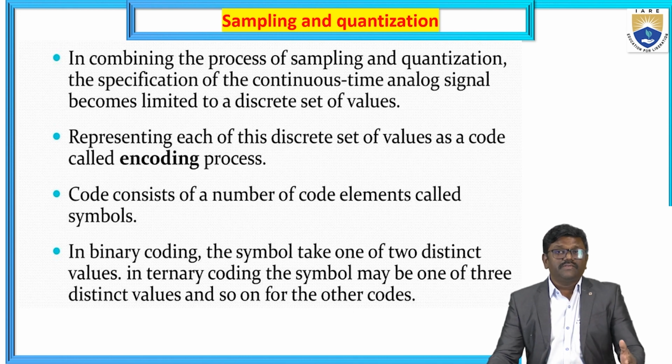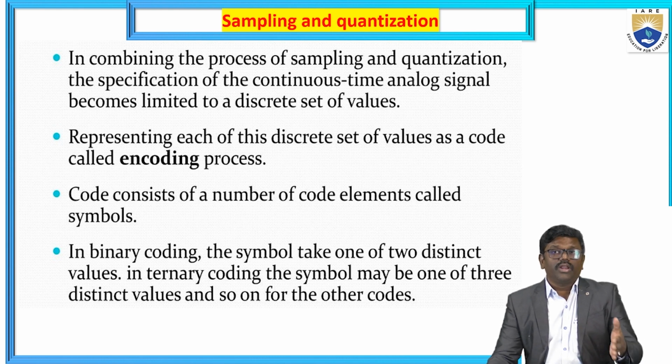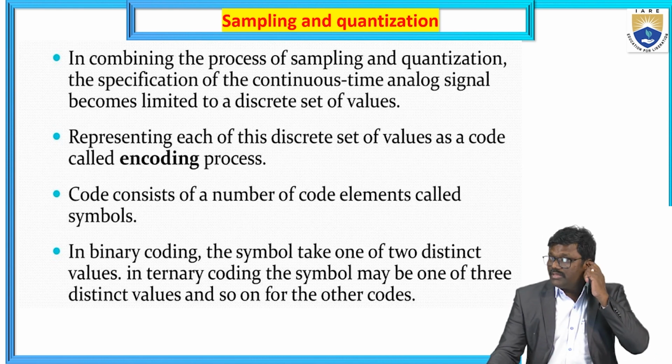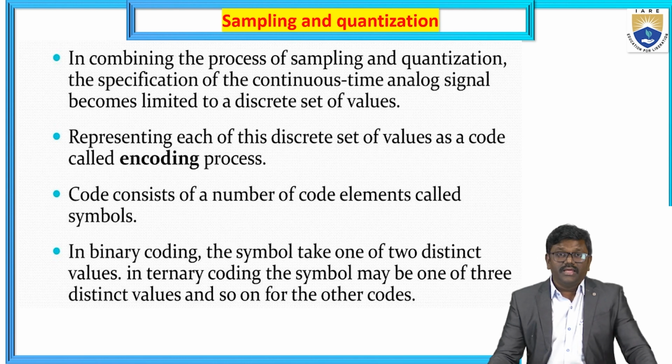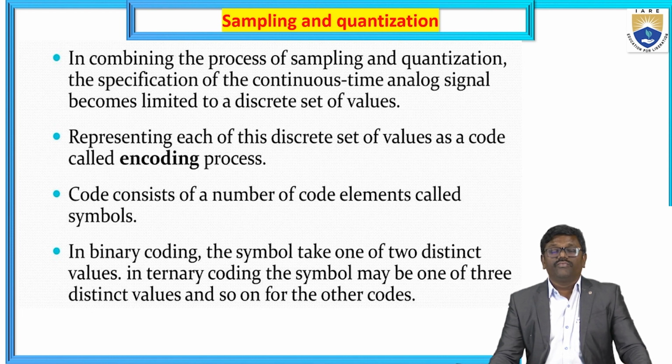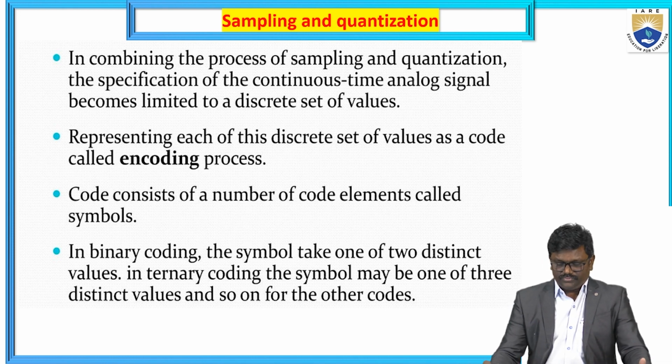So a code consists of a number of code elements called symbols. In binary code, a symbol takes one of two distinct values. In ternary coding, the symbol may be one of three distinct values, and so on for other codes.